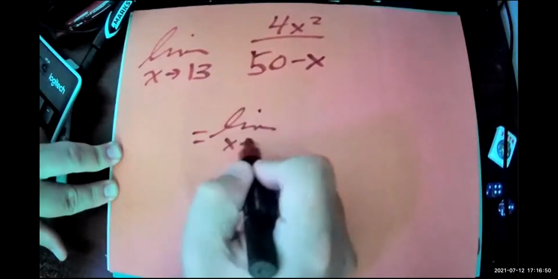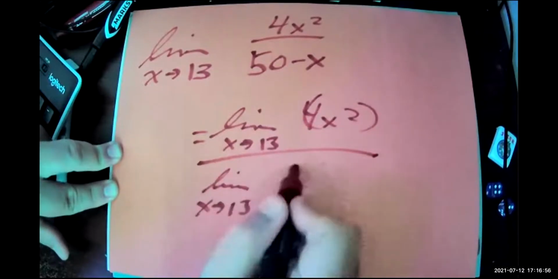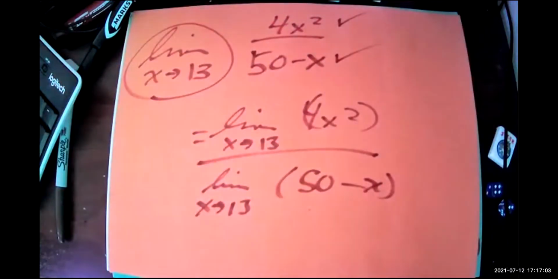Well, you can call that the limit as x approaches 13 of 4x squared over the limit as x approaches 13 of 50 minus x. In other words, you're applying the limit to the top and the bottom. See the idea? And these are little tools of the trade to simplify limits that you can use. Right?